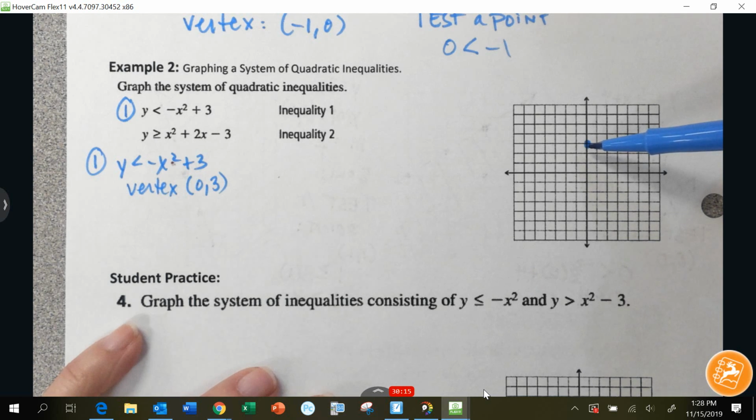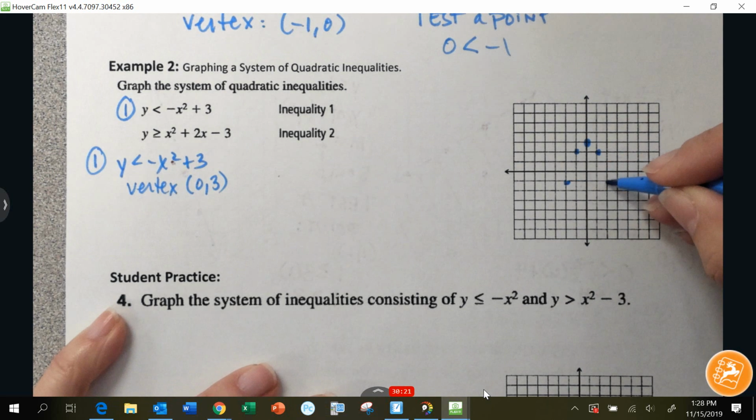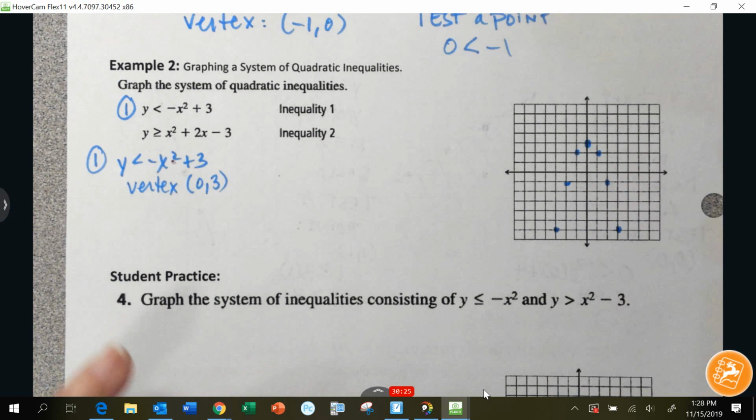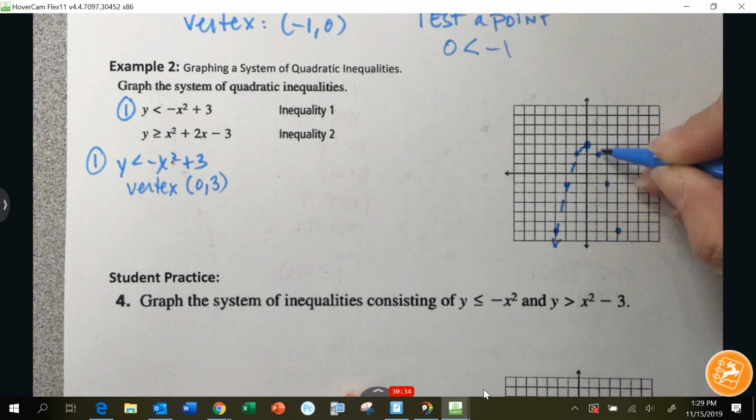There's a reflection. Does it have a stretch or shrink? No? Okay. Then I know exactly where to put all those points. A little shortcut there. And then Sophia asked, is it dashed? And I said, yes, it is dashed, because it is not equal to.